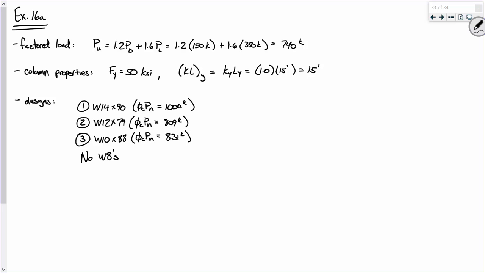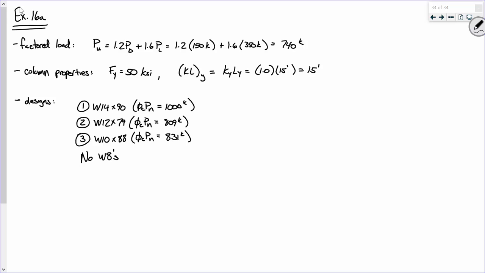Now, what I'm telling you on this example, because the strong axis and the weak axis both have the same boundary conditions and the same lengths, we don't have to check the strong axis. So because of that, all of these designs work. So if all of these designs work, which one are you going to use?